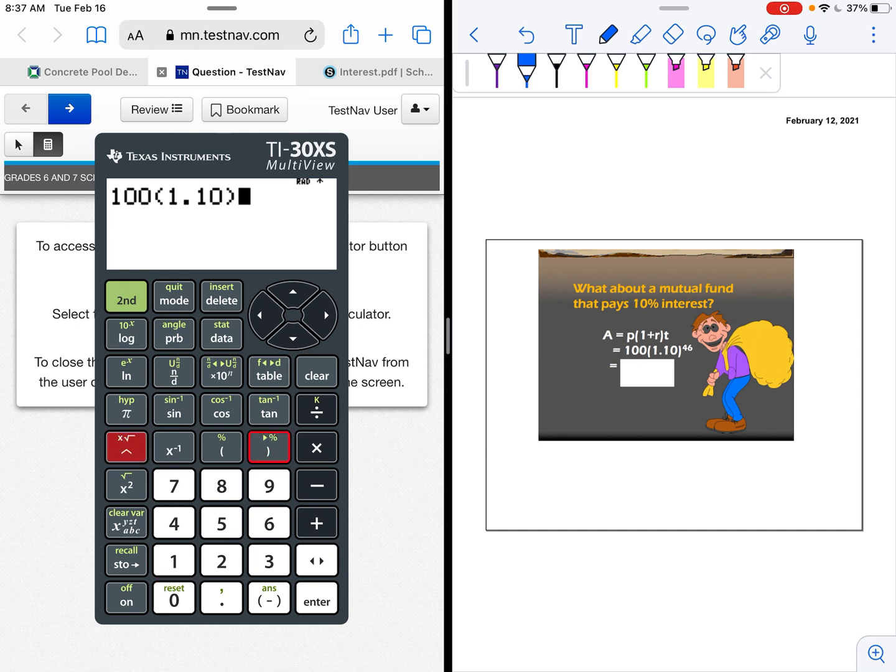I'm going to close it, caret key, 46, enter. You'd have $8,017.95. So you can see compound interest is way better if you're getting the compound interest, but not so great if you would be paying that out. It's a lot more.